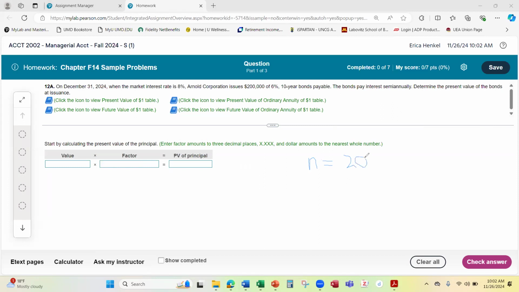And then we have to also think, though, what is our interest rate going to be for our interest payments? If we have interest here that is going to be paid twice a year, to calculate interest payments, what is it going to be?